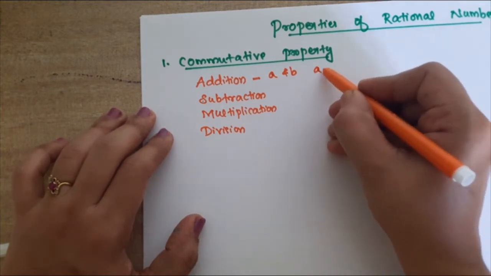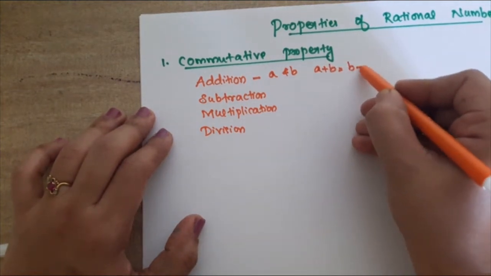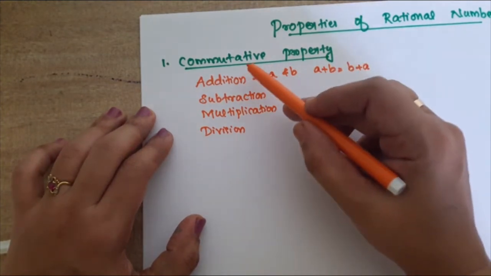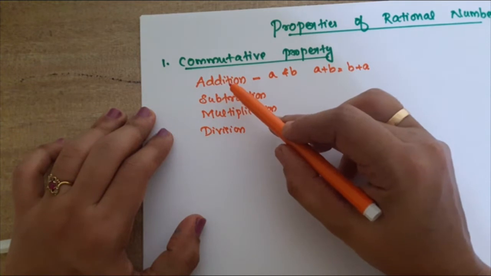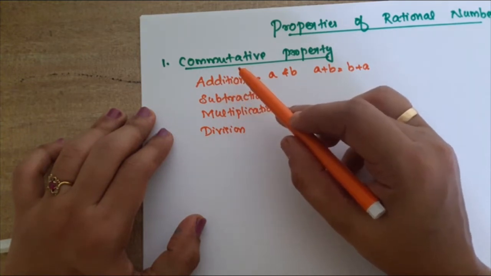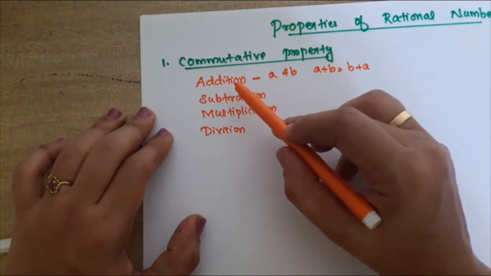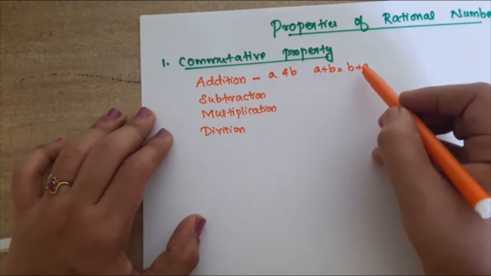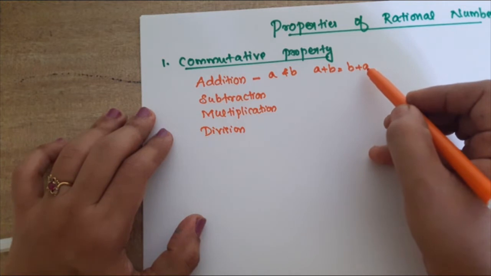Then a plus b is equal to b plus a. That is called the commutative property of addition. Rational numbers are commutative under addition, that is a plus b is equal to b plus a.